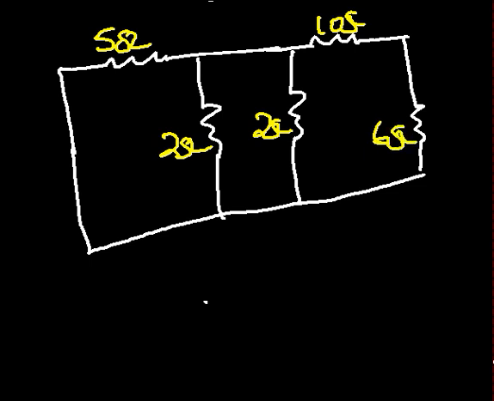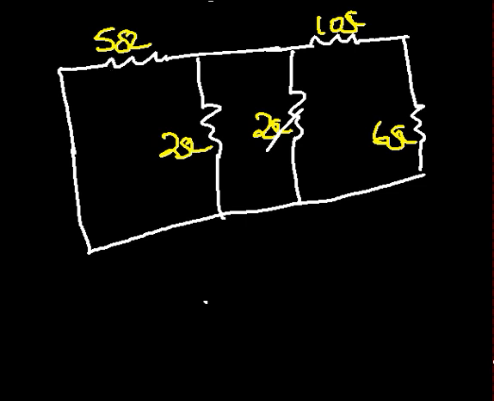What is the total resistance for this case? You have to understand that these two resistors, 10 as well as 6, are in series because they are connected in the same wire, this wire. While this and this are in parallel.